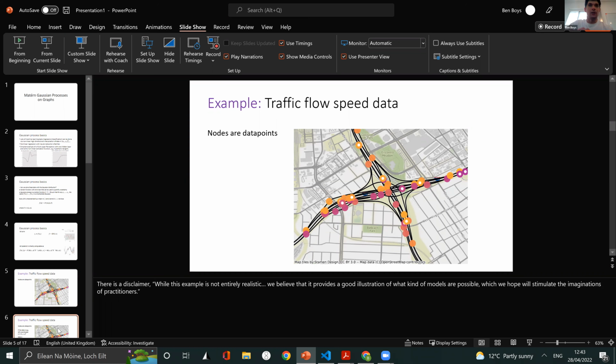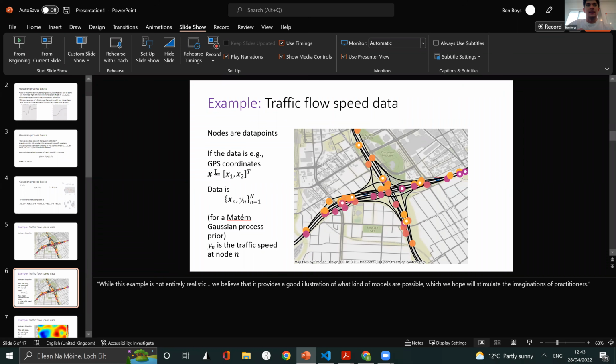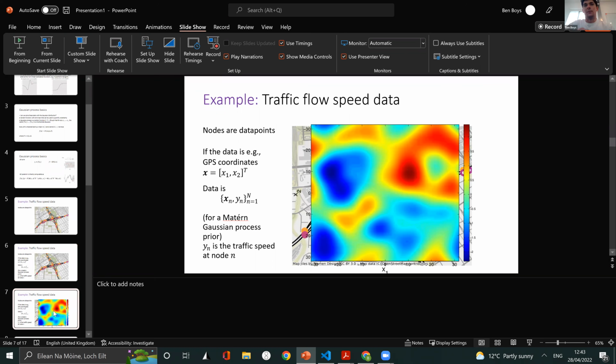So it wouldn't be a good data set to have X as the GPS coordinates and define a Gaussian process prior over it, because what you'd get, this is a sample from the prior, is that this function, the traffic speed, would vary smoothly, and along different sides of the streets you'd get approximately the same traffic speed, which is not a realistic assumption to make.